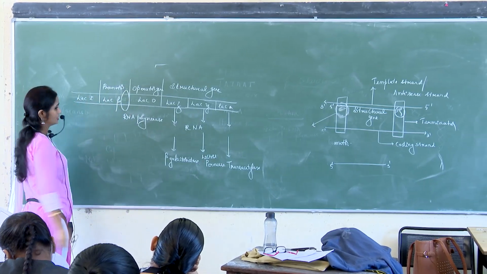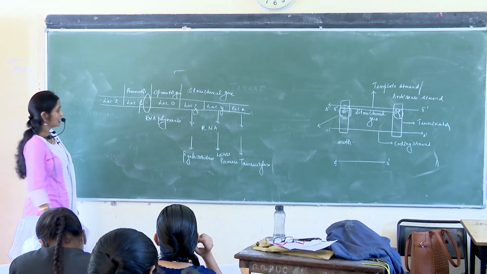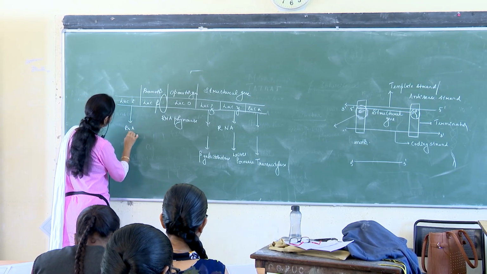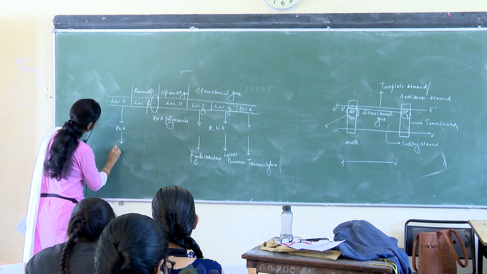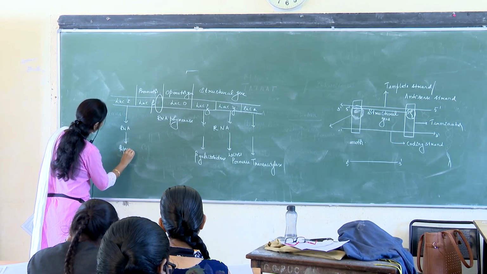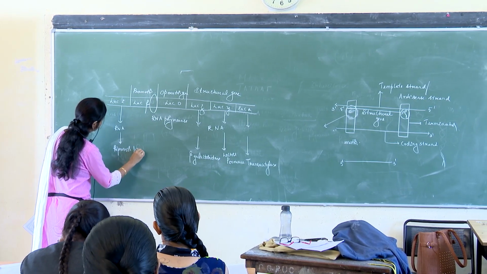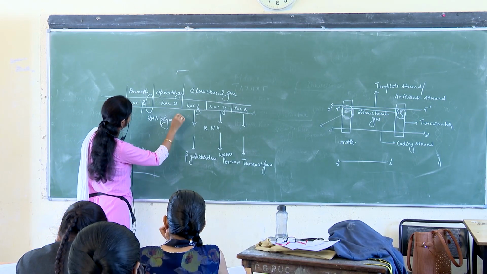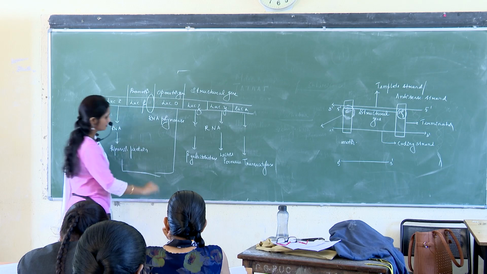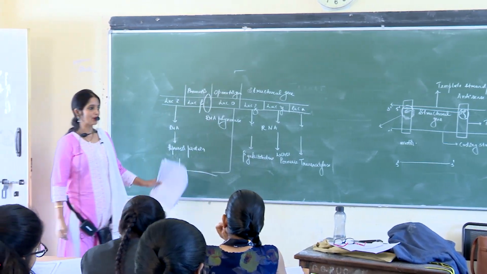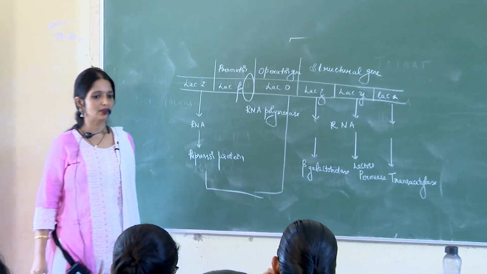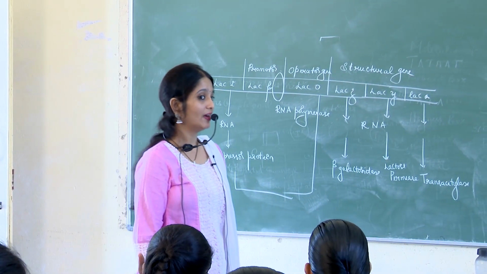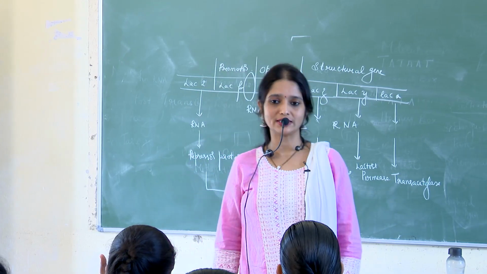Last region, regulator gene, lac I. What does it produce? DNA is producing RNA, RNA is producing repressor protein. And repressor protein goes and binds to the operator when lactose is not present.